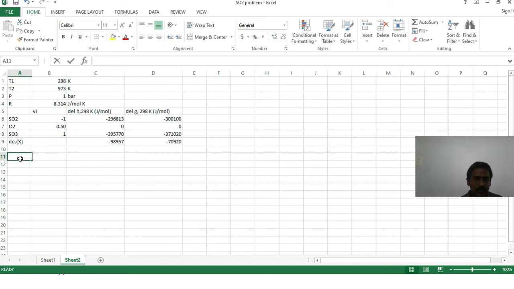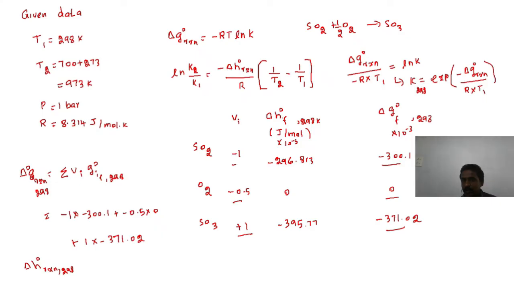Let me write here K at 298 Kelvin. That is nothing but the exponential of minus delta G naught of reaction at 298 divided by R multiplied by T1. Let us substitute the values in Excel.